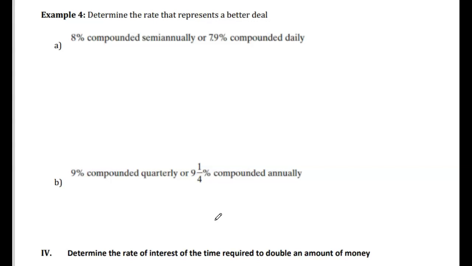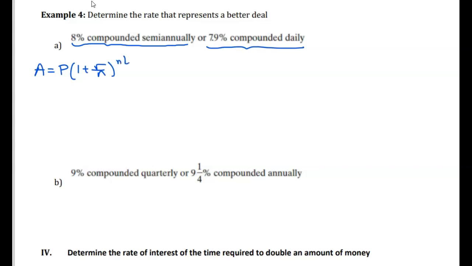Let's see which one is a better deal. Is it better to compound at 8% semi-annually or at 7.9% compounded daily? Okay, so we're going to use the initial formulas. The amount equals P times 1 plus r over n to the nt.